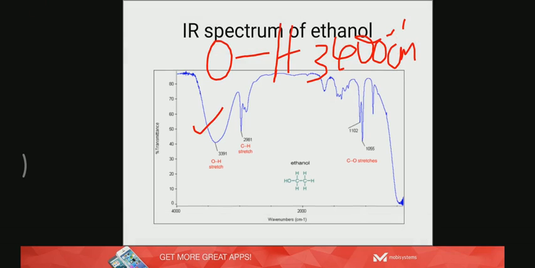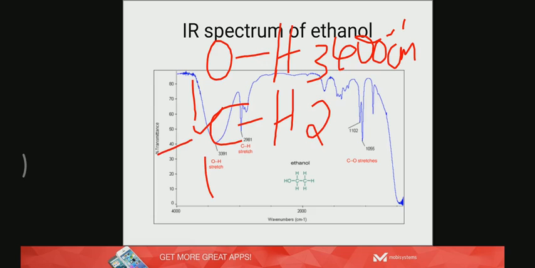The value sometimes comes down from 3400 to 3200 also, due to hydrogen bonding. We have discussed it in the previous class, and it is broad because of this hydrogen bonding only. And in ethanol, the next is the CH stretching frequency, which comes around 3000.